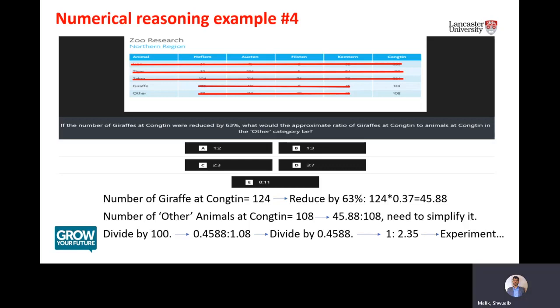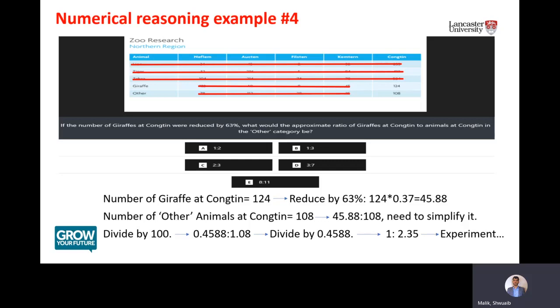It's not C, as that's 2 to 3. It's actually D, 3 to 7. If we did 1 times 3, that would give us 3, and if you do 2.35 times 3, that would give you about 7. So a lot of the time you would get a ratio and the answer would be there waiting for you in the multiple choice section. However, in this case, it was there, but in a different format. The key with this question was to really experiment with the numbers you've been given.